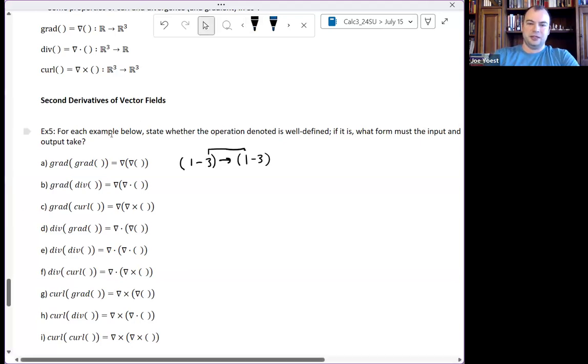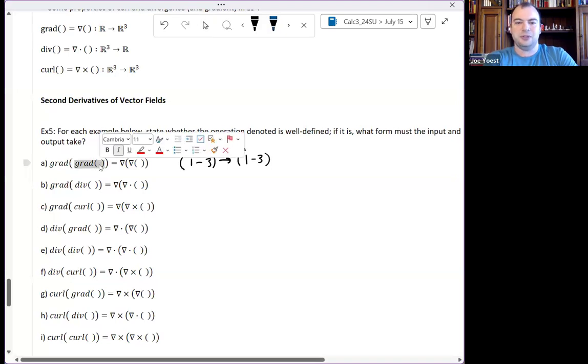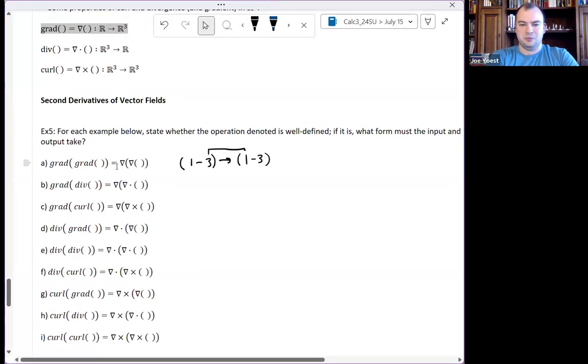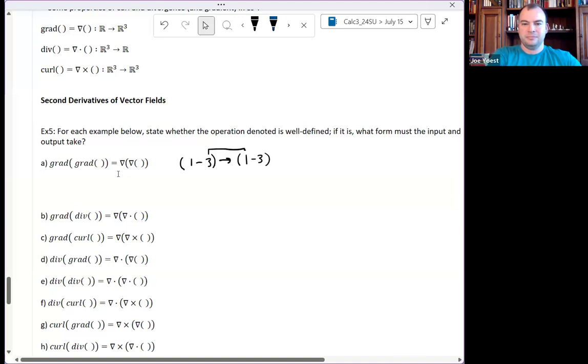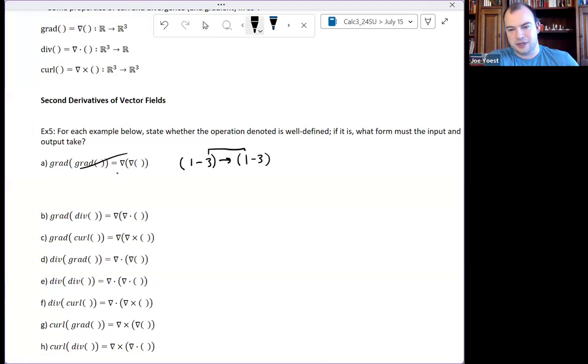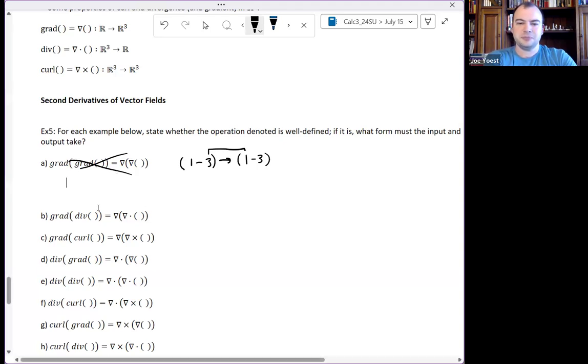I'm trying to plug a vector field into a gradient, and a gradient can't take a vector field as its input. So I'm just going to put a big X through that one. We can't really take the gradient of a gradient of, say, a scalar function. That wouldn't make a lot of sense.